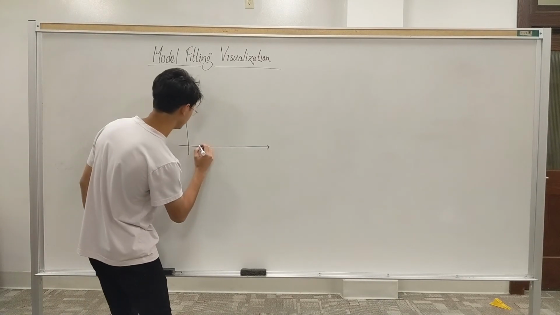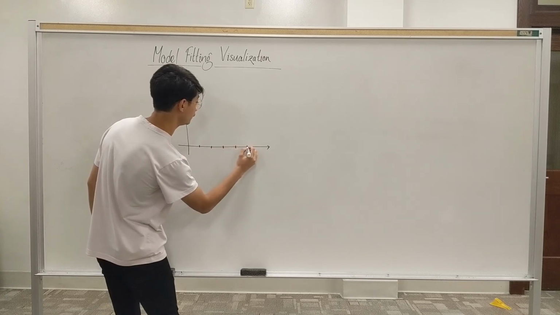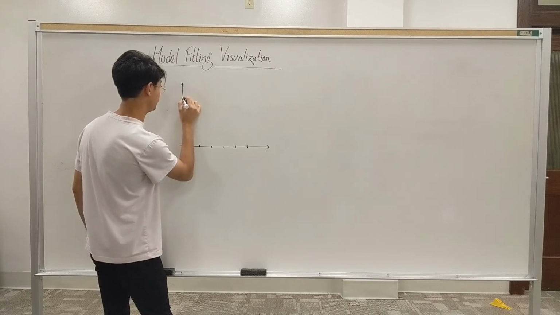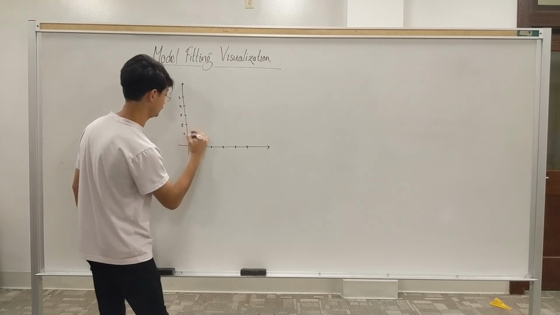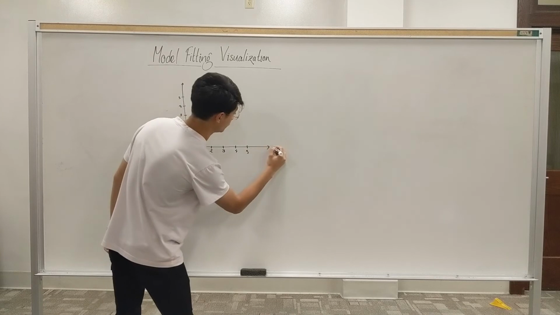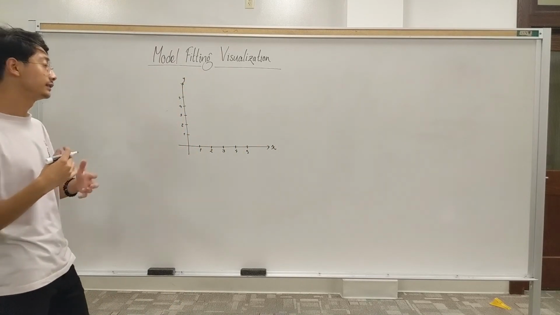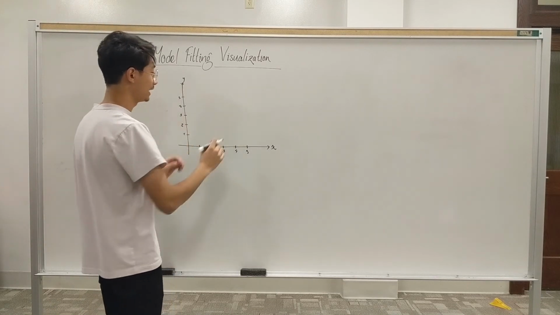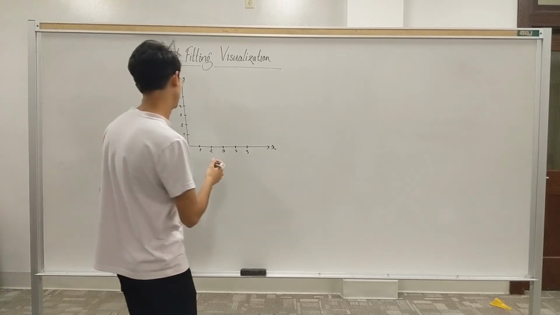So let's draw that right now. 1, 2, 3, 4, 5. 1, 2, 3, 4, 5. Okay, so let's first draw a grid from 1 to 4 in both the x and y axes to represent the area in which all of our data fits.